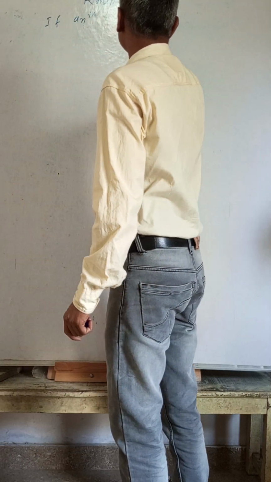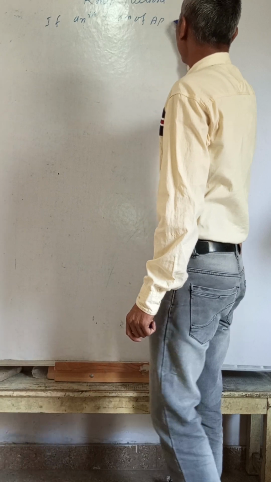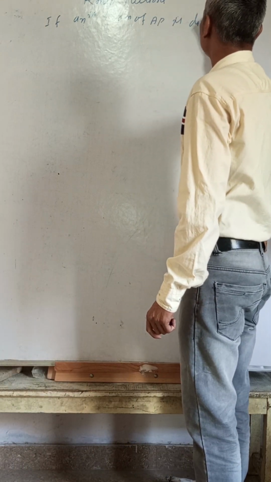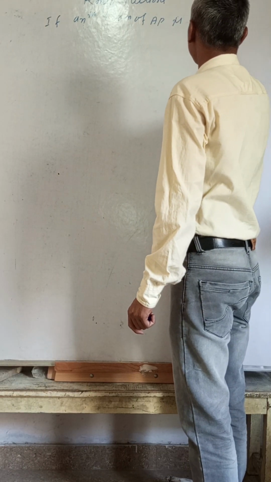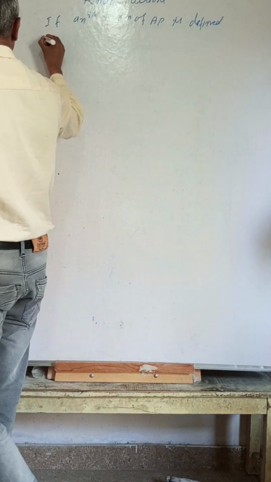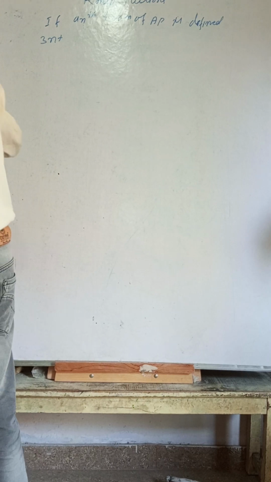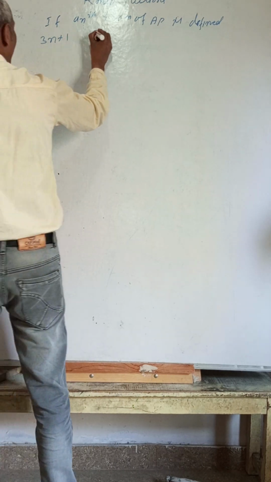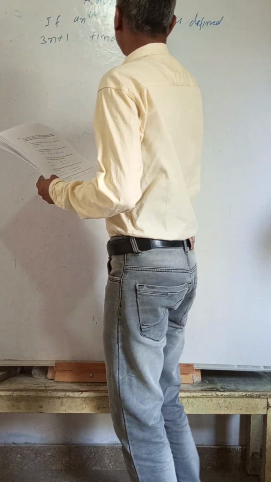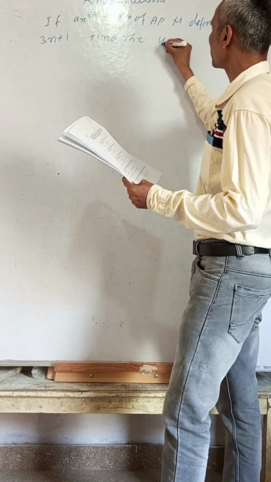If the nth term of an AP is defined as 3n plus 1, then find the fourth term.